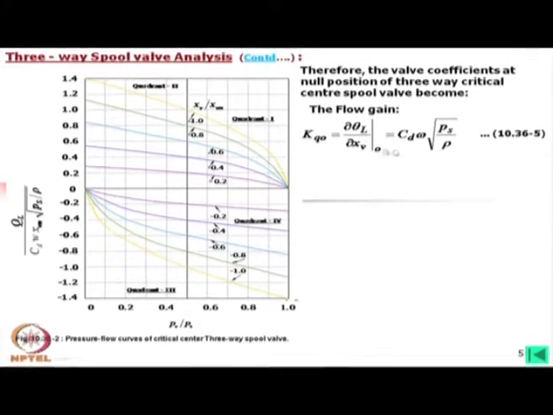So, this is flow gain, that means how much gain will be there at null positions. This depends on the critical center or open center, and this ultimately can be written in this form.